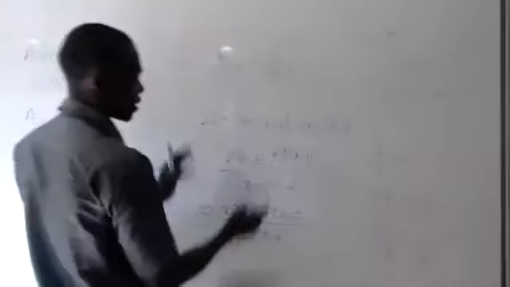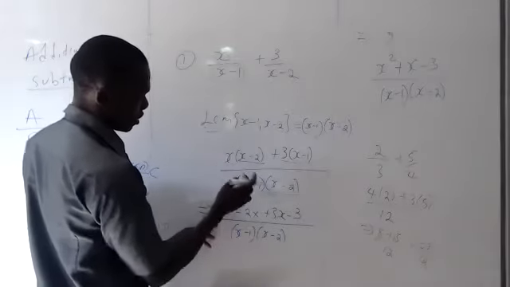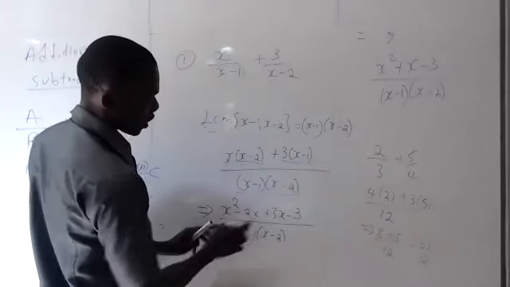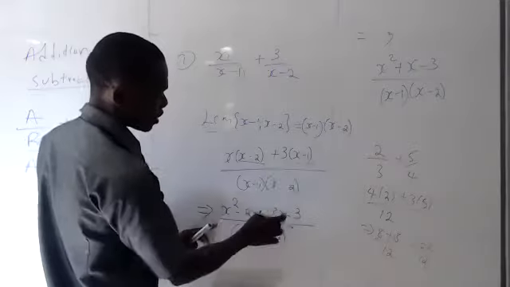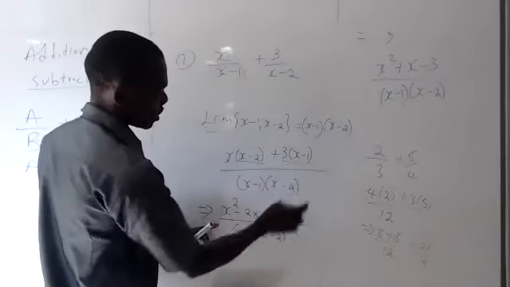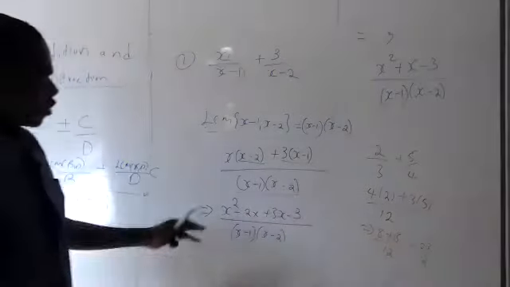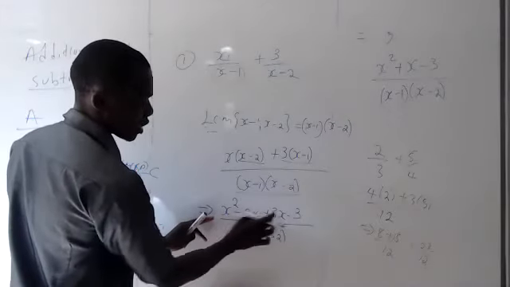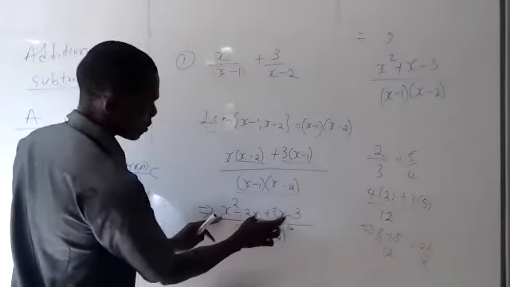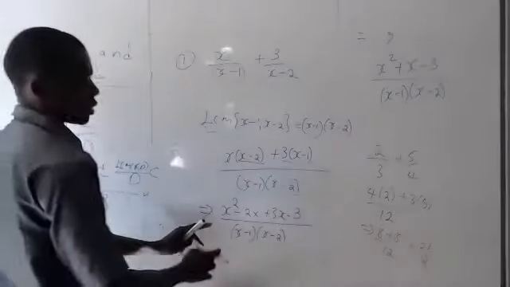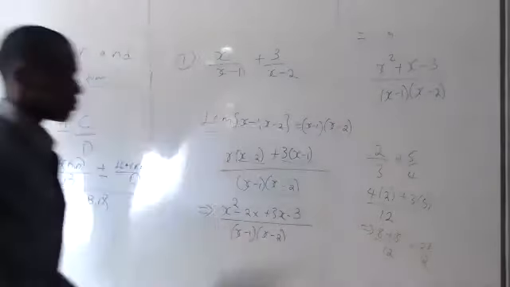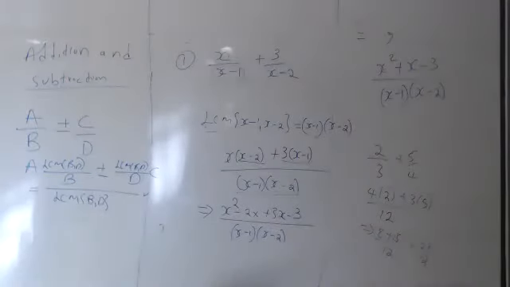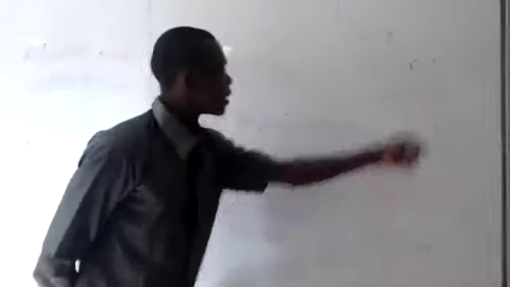Then I've just opened the brackets. So x squared, then x times minus 2 is minus 2x, and then 3 times x is 3x, 3 times -1 is -3. Then I combine like terms: minus 2x plus 3x gives you x, so we have x squared plus x minus 3, and then the denominator x minus 1, x minus 2.